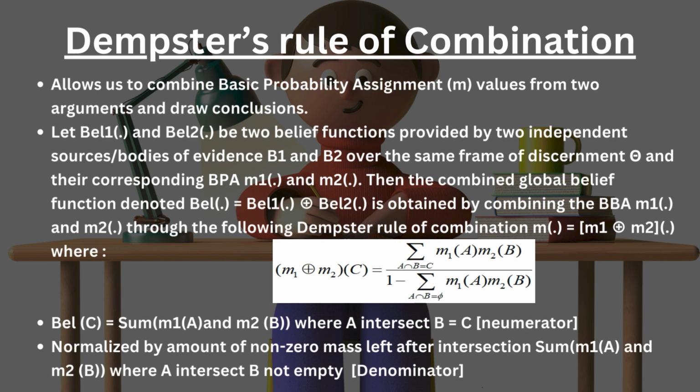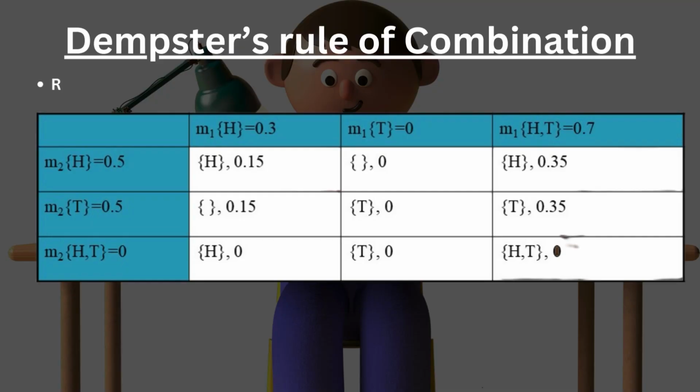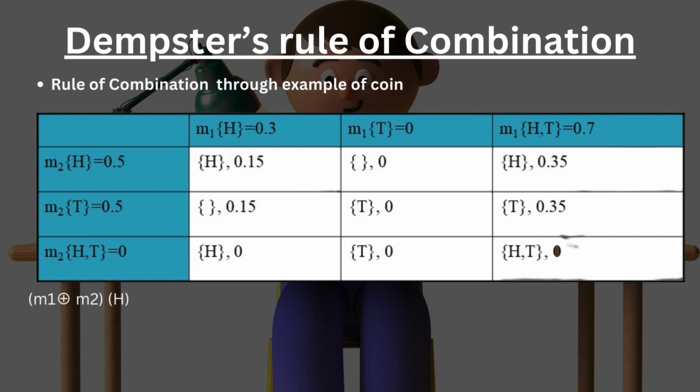So, let us understand the result. The result for that color represents the combined belief function that considers evidence from both sources. It helps in drawing conclusions about the color of the car. So, this Dempster rule of combination is a way to combine evidence from independent sources and create a unified belief function.